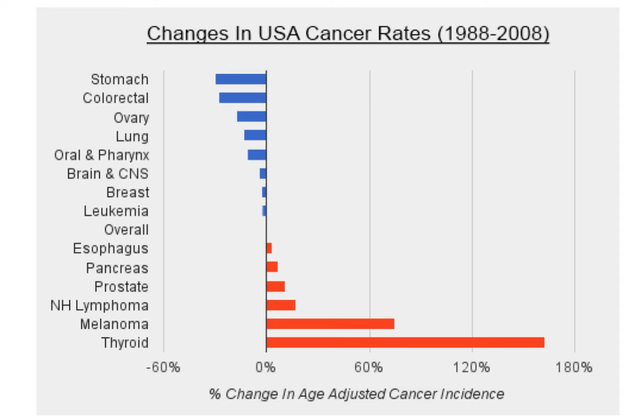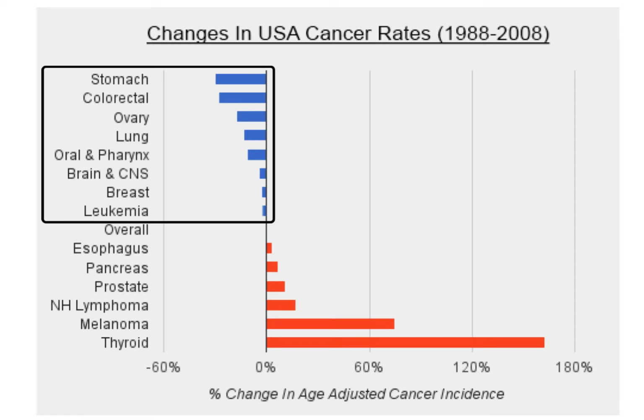So here are some of the changes in cancer rates in the U.S. between 1988 and 2008, and they've changed a bit since then, but not a great deal. So there has been a decrease in certain types of cancer, including stomach, colorectal, ovary, lung, etc. And a lot of these are from better diets in some cases, stopping smoking, and lowering of alcohol consumption, things like that, as well as increased detection of precancers that have helped in surveillance of some of these different types of cancers.